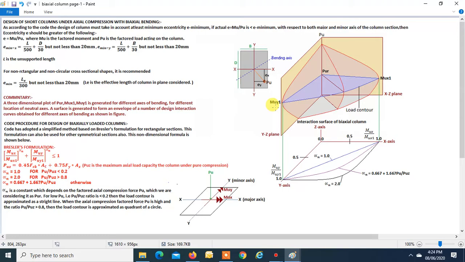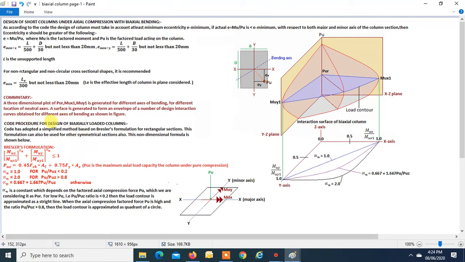So this is the load contour. When you project this in the XY plane, it will look something like this.